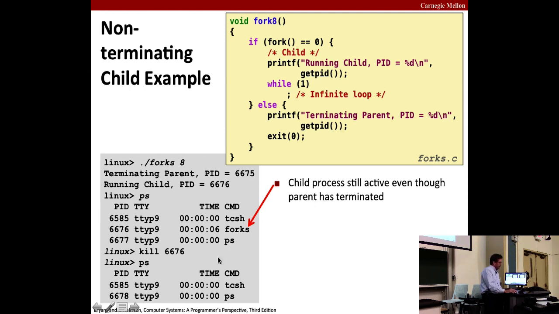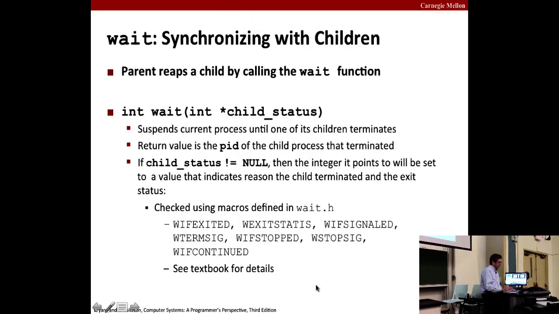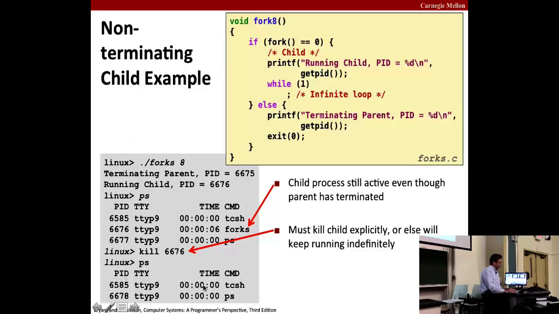Now if we kill this child, 6676, we can see that it's gone, it's no longer in the system. When we killed it, that terminated it, it had no parent, so the init process reaped it, and it's no longer a zombie.